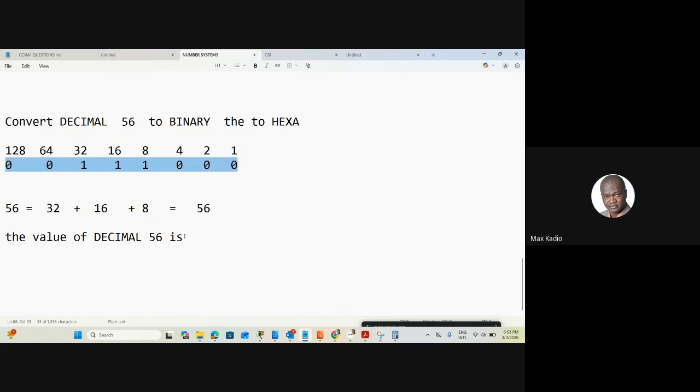You copy. You see? So that's all. The value of decimal 56 is this one in binary.